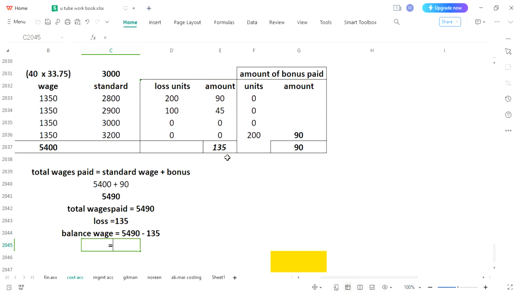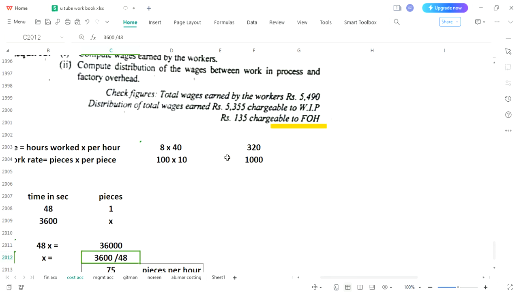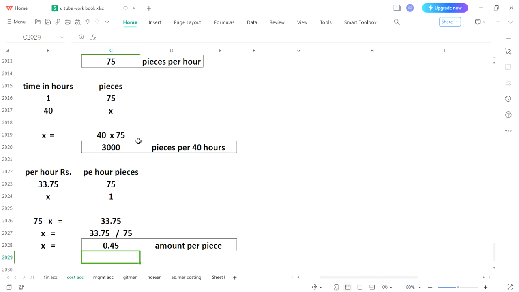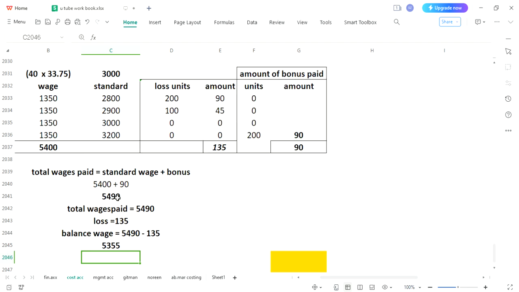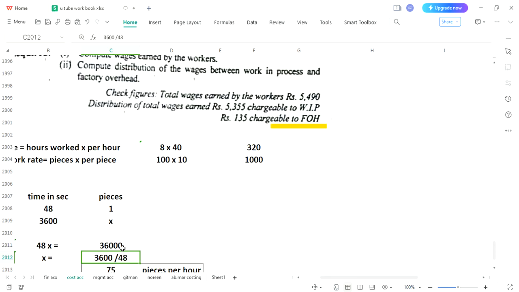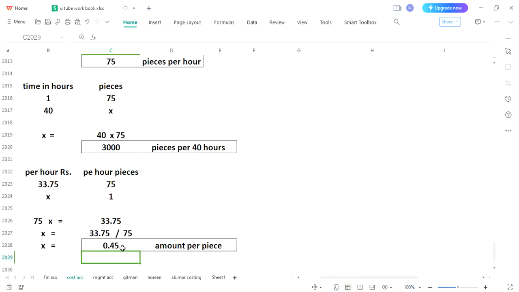What you will do, 5490 minus 135. So this amount is 5355, and this is mentioned over here, 5355. So the three answers: 5490, then 135, and then 5355. All three answers are available here.